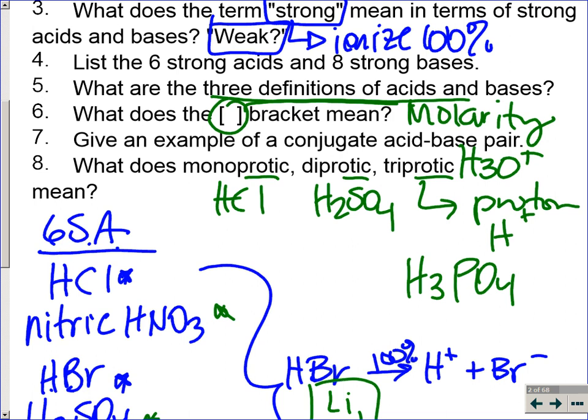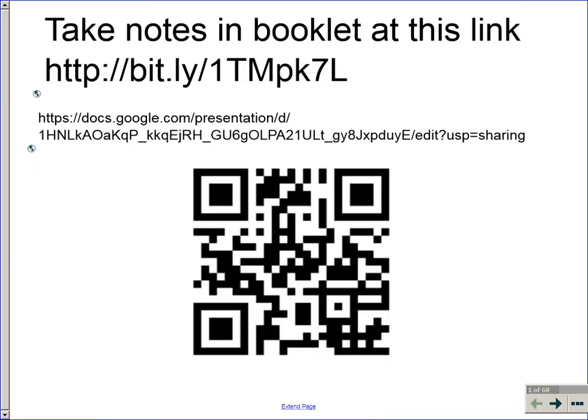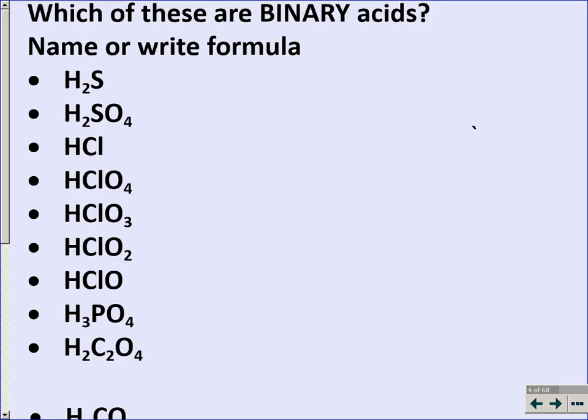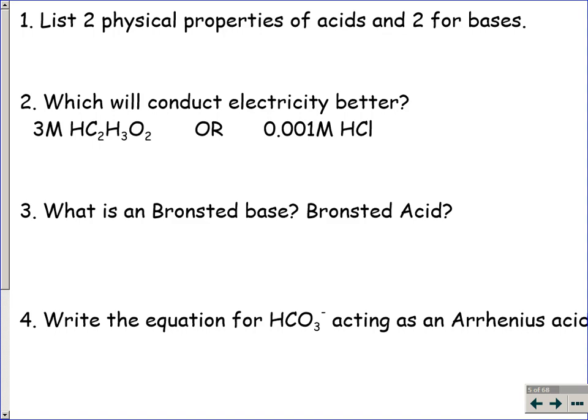We know how to do acids and bases. 2 properties, 2 for acids and 2 for bases. Name them out in your group first.